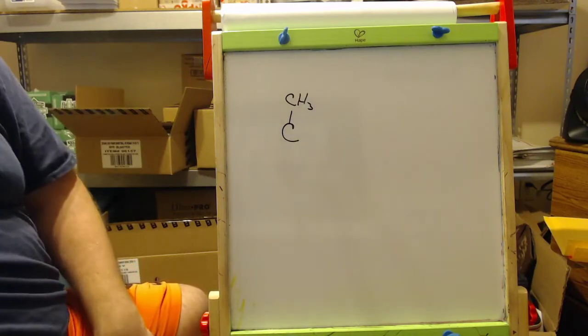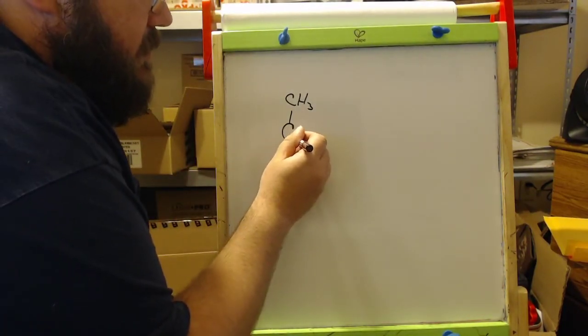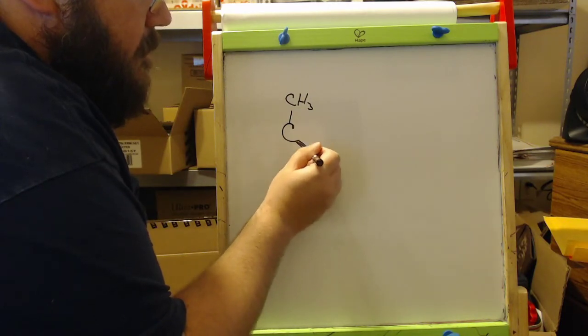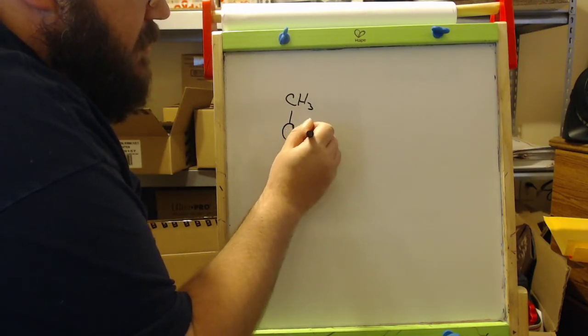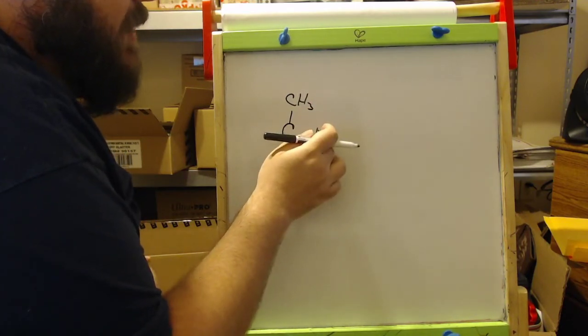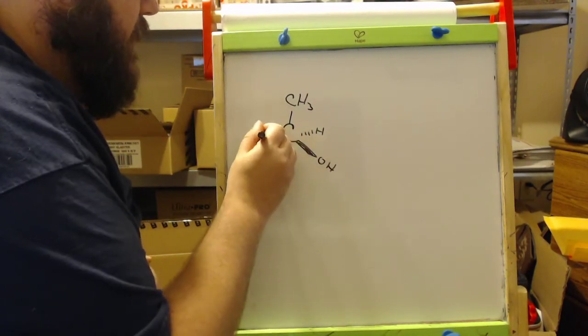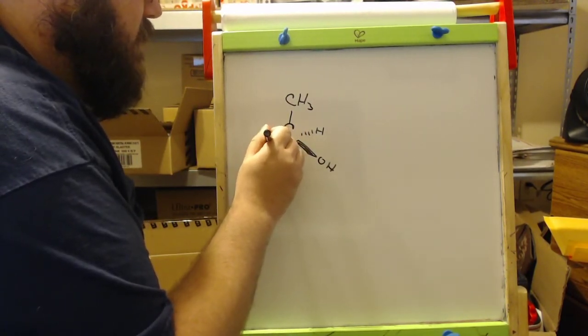So draw something coming out of the board, and draw something going in. Usually you draw the wedge here and the dash here, but it really doesn't matter. I get into the habit of putting the hydrogen on the dash, and then over here would be your CH2, CH3.